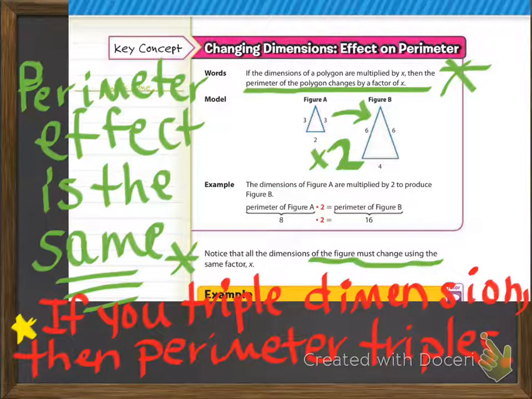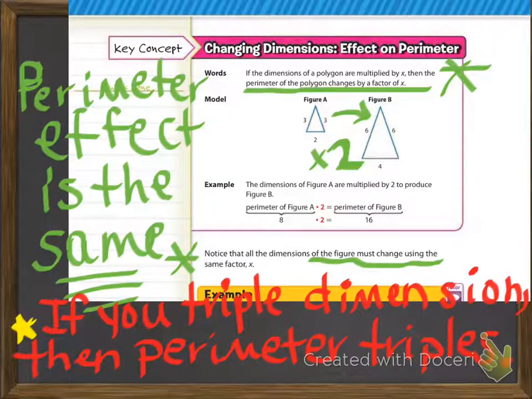Here's a page from your workbook demonstrating the key concept, changing dimensions, and the effect on perimeter. So I underlined, put an asterisk by the part mentioning if the dimensions of a polygon are multiplied by x, then the perimeter of the polygon also changes by x.